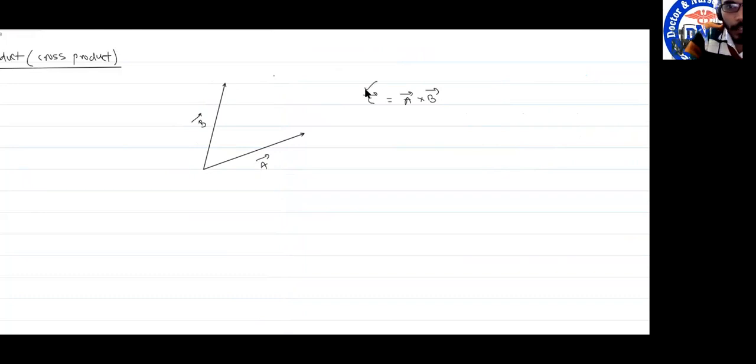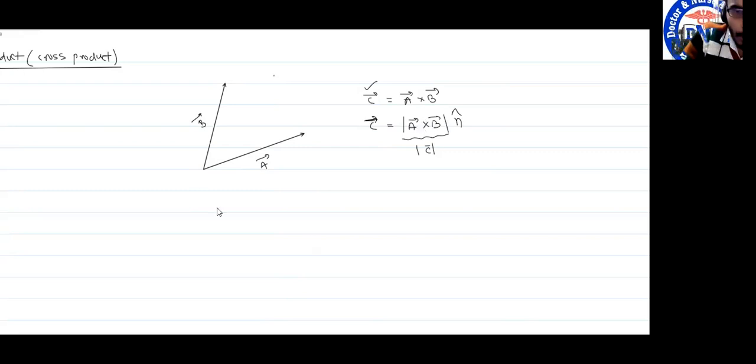Suppose we get a vector C when we take the product of A and B. It has both magnitude and direction. This part represents the magnitude of the vector, and this n cap represents the direction of vector C. I told you the unit vector only shows the direction of a vector. So this shows the direction, and this shows the magnitude.